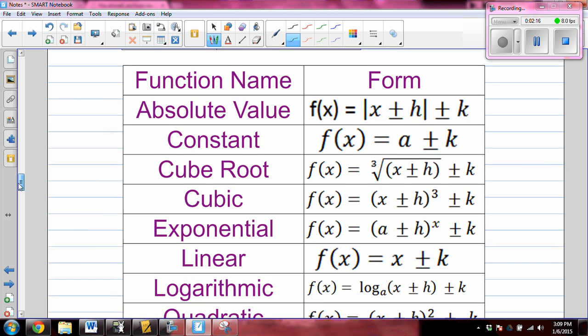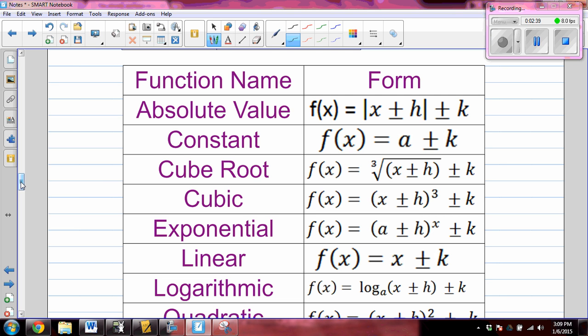Here we have another table that needs to be in your notes. Again, pause the video if necessary. Here we have the function's name and the form it has. So for absolute value, I have f of x equals the absolute value of x plus or minus h, plus or minus k.